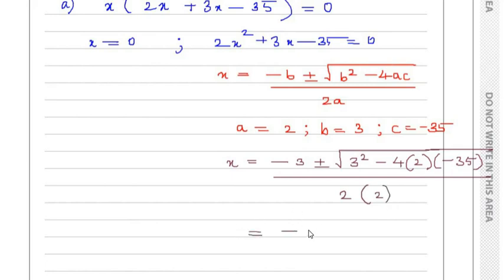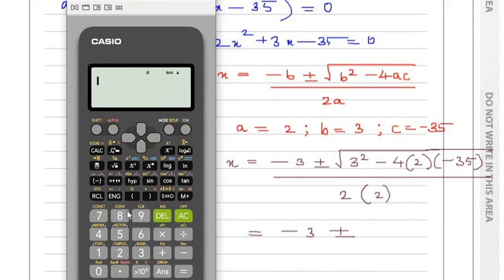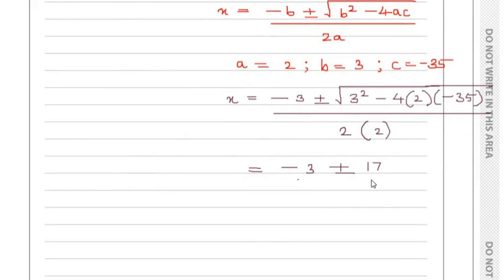So here we have minus 3 plus minus, let us check how much we get the term inside the square root. So we have it as square root of 3 squared minus 4 times 2 times minus 35. So we get it as 17. So we have here as 17 over 2 times 2 is 4.